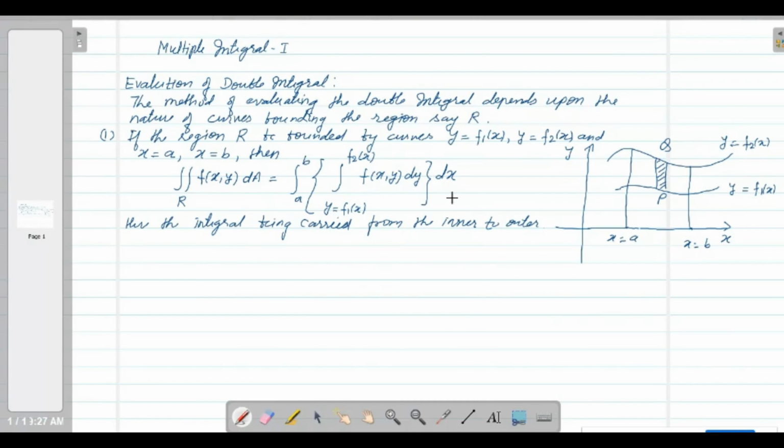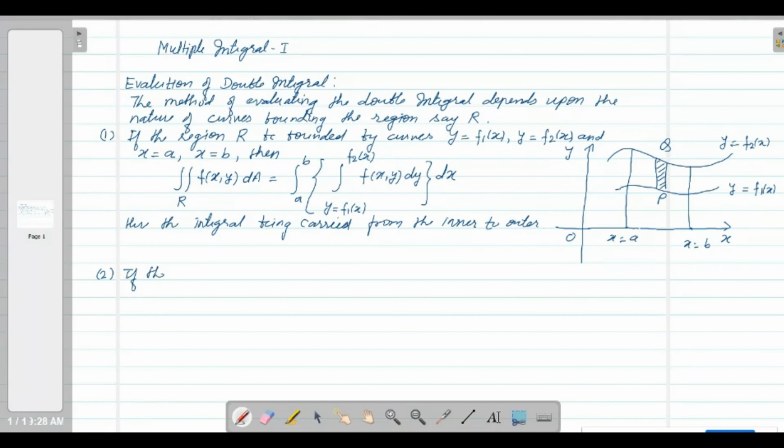If we evaluate the inner integral first and the outer integral later, this is the first case. There is another case also, case number 2.